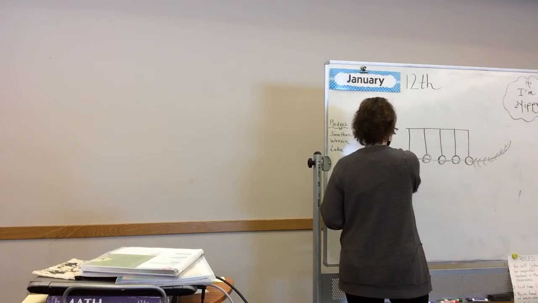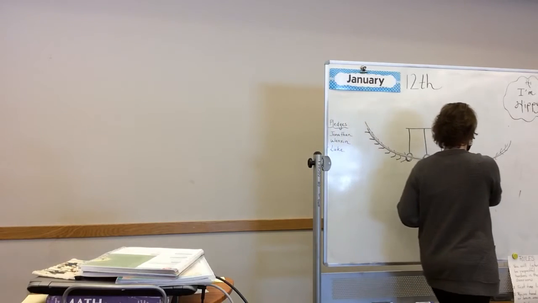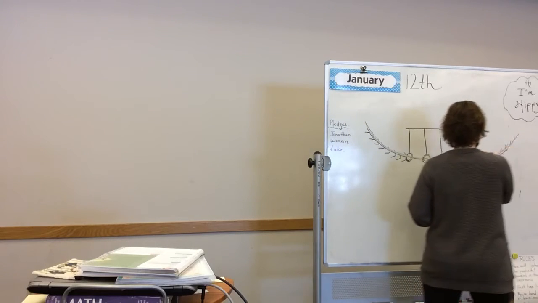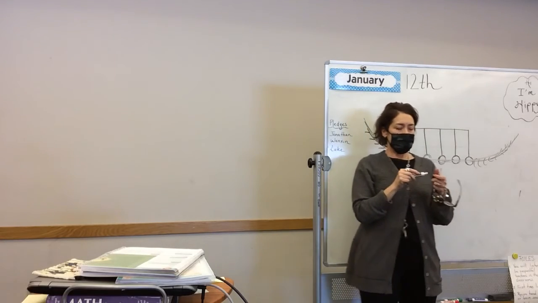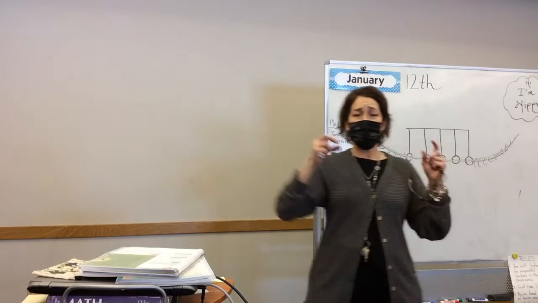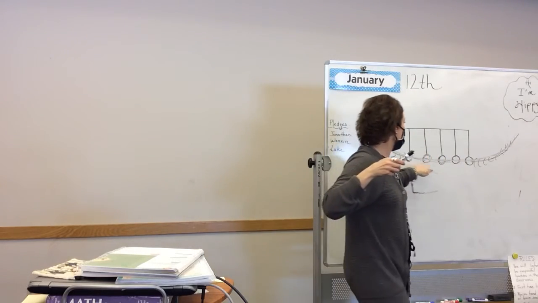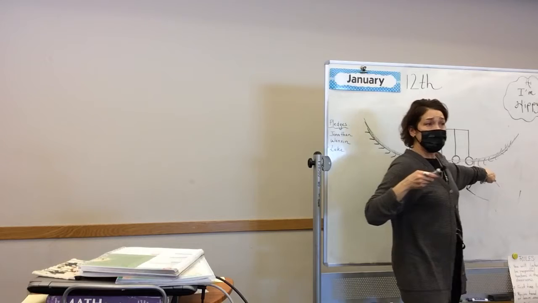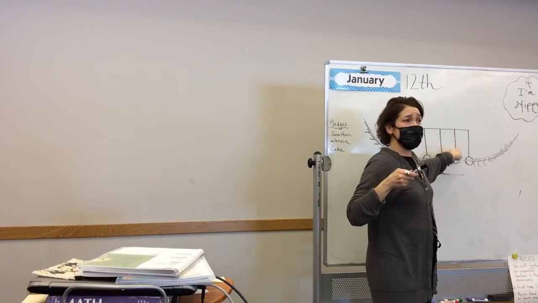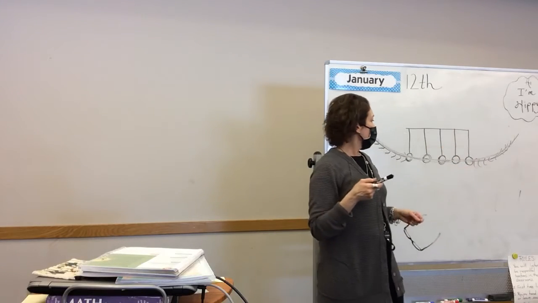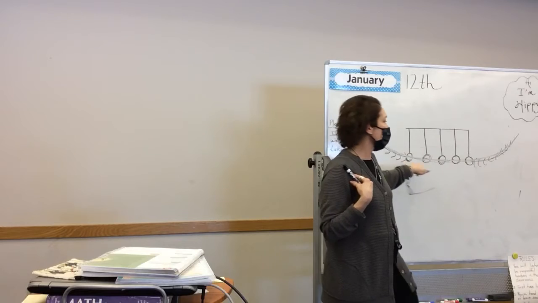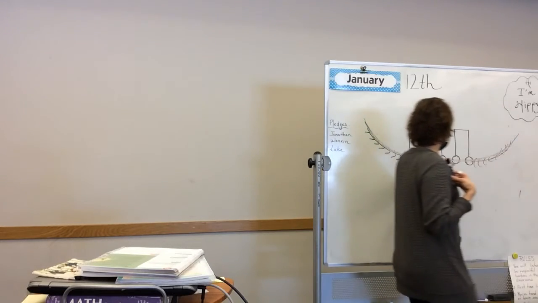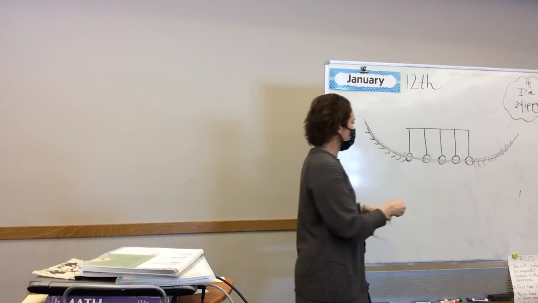Action, reaction. So what Newton is saying is that if these are all equal sizes, equally spaced, and have the same amount of mass, they're equal in every way. So with that action, you're going to get an equal reaction. What if it looked like this?